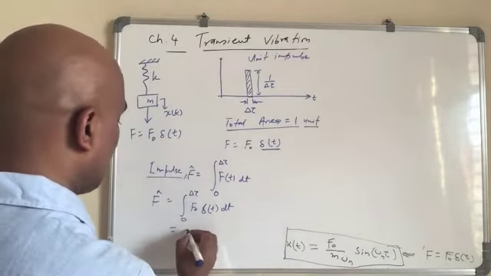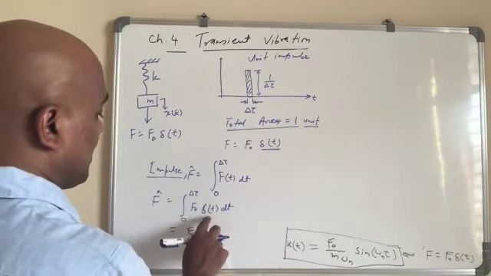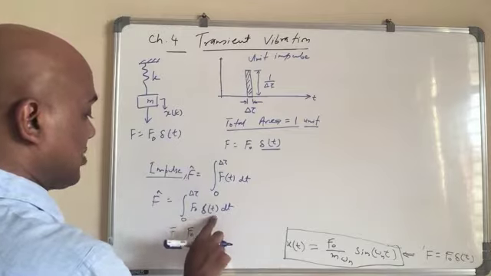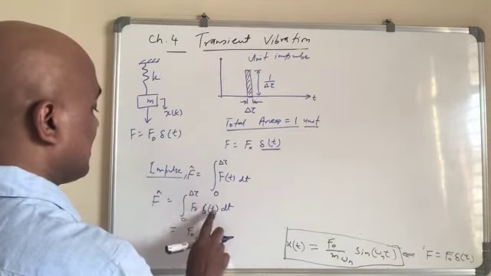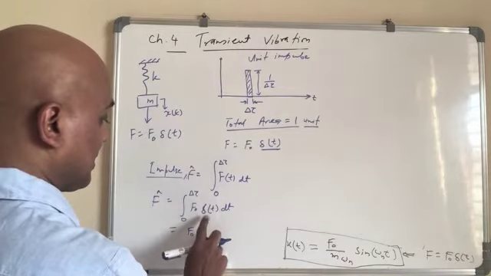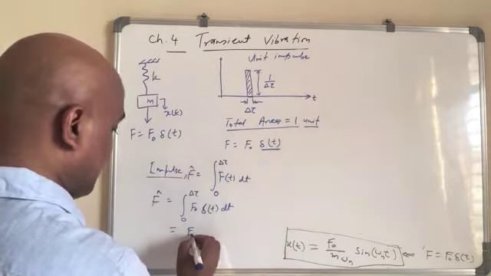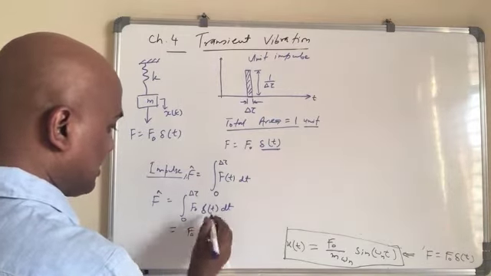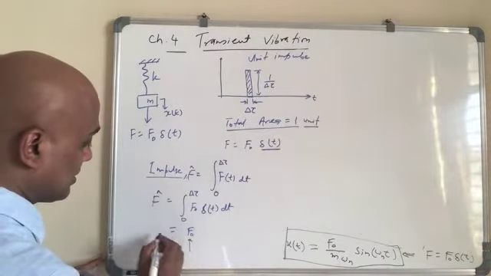The value will be F naught, as delta at 0 has value 1, and all others are zero. So we get F naught, and that's it.